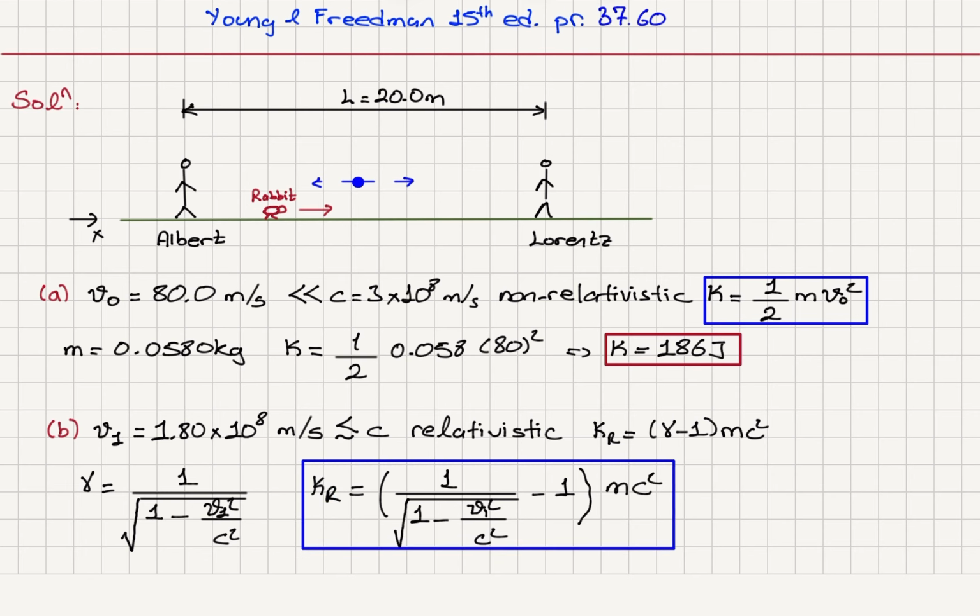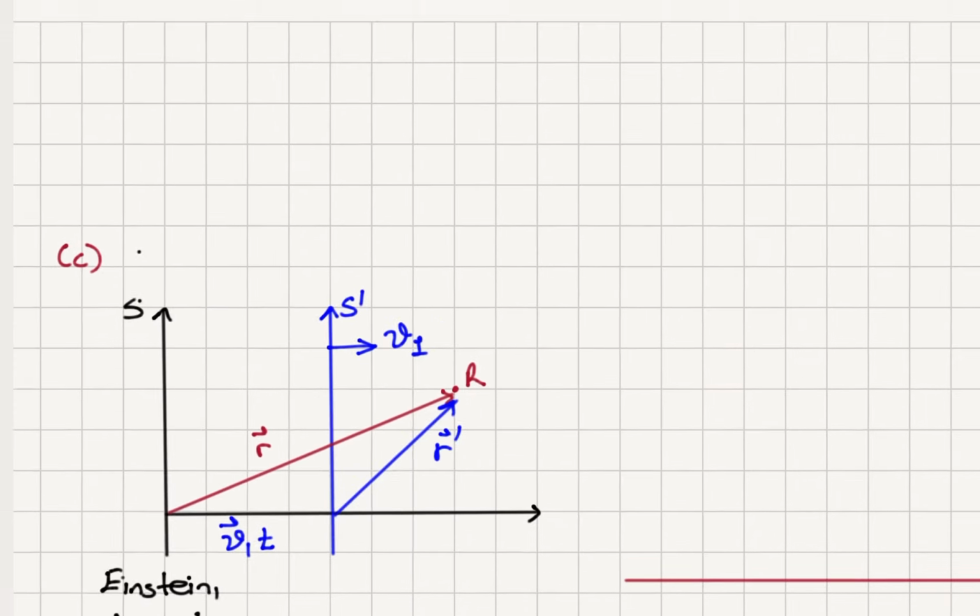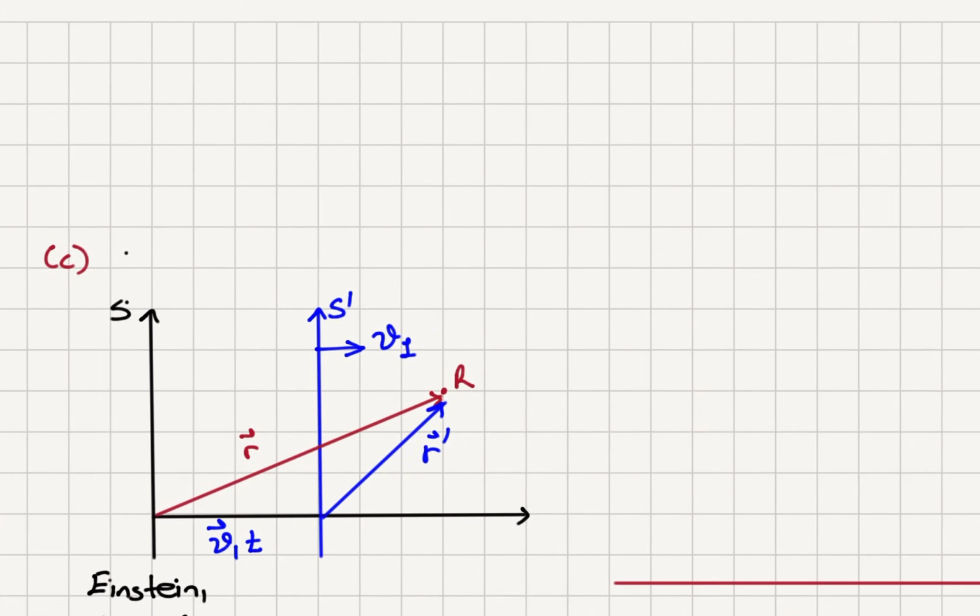Now all we have to do is plug in the numbers for the relativistic kinetic energy. So K sub r is equal to 1 minus, what is V1? 1.8 times 10 to 8. So 1.8 squared divided by 9, since it's 3 times 10 to 8. They have the same 10 to 8 power. So we have 1.8 squared divided by 9, and this is to the power minus 1/2.